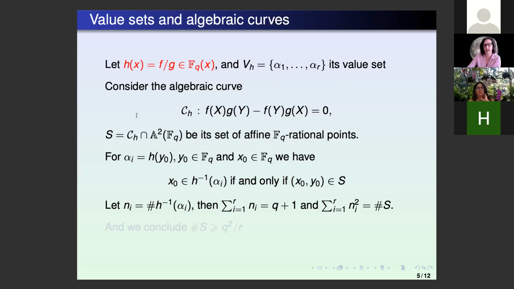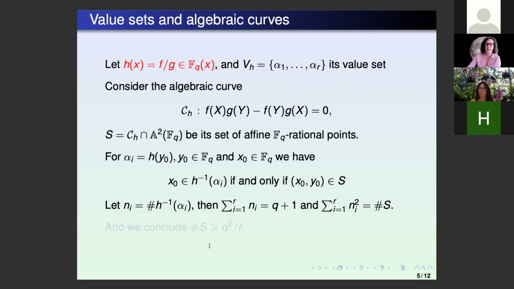It means that h(x0) is equal to h(y0) if and only if the point P(x0, y0) is in the curve. So we relate elements in F_q that have the same image with points on your algebraic curve.